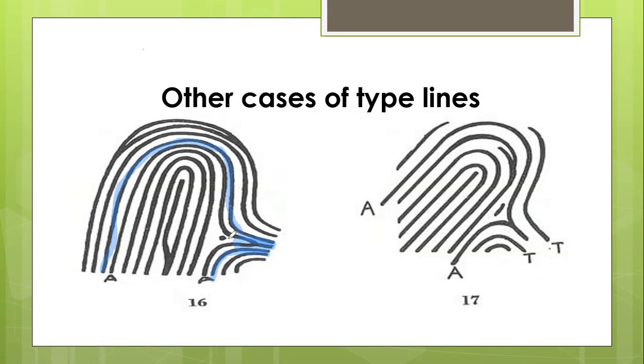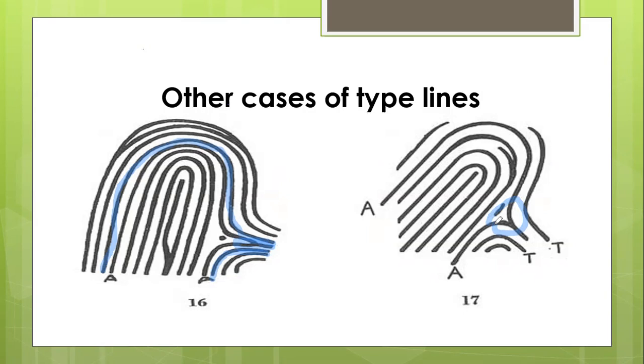The one inside cannot be considered as the type line because this is a bifurcation, where in fact the rule in determining type line is that it must be a diverging ridge that runs parallel and surrounds or tends to surround the pattern area. Just like this example, the same problem. The one inside here is a bifurcation.